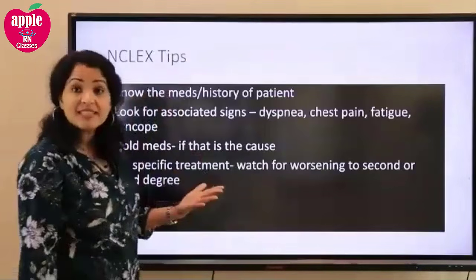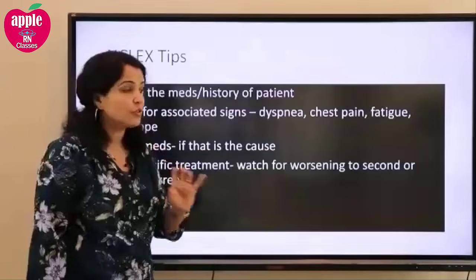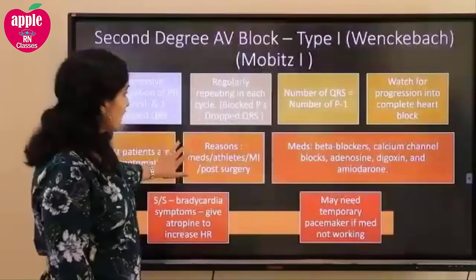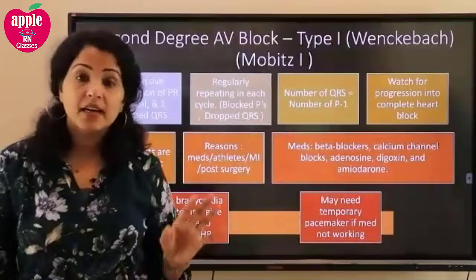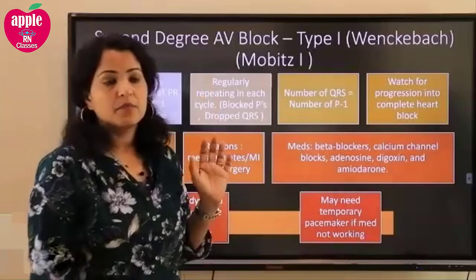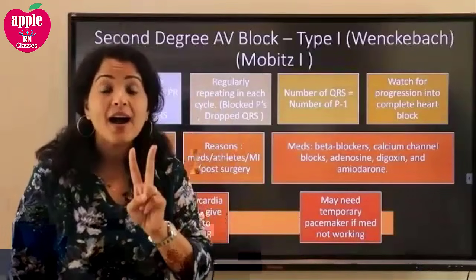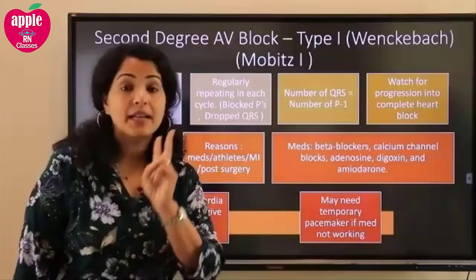But now the second degree, that is a little complicated one, but I want you to pay attention. Don't worry about what is written there, you will get it. When we talk about second degree, there are two kinds of blocks which can come in second degree.